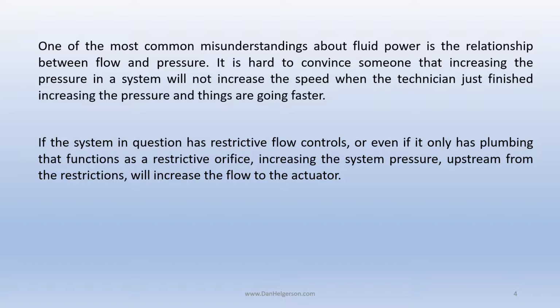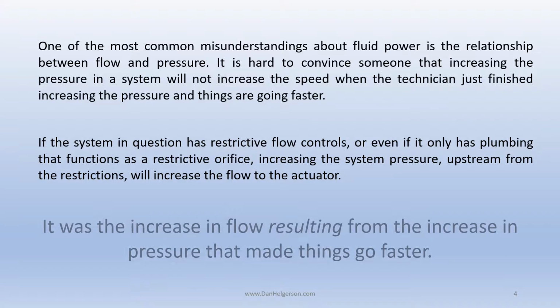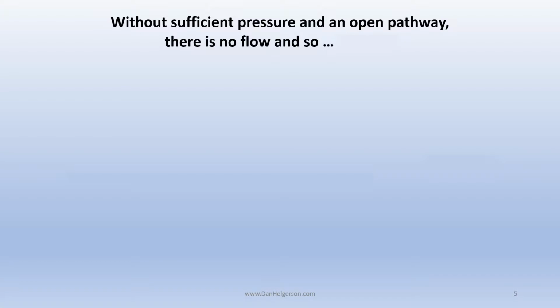If the system in question has restrictive flow controls, or even if it only has plumbing that functions as a restrictive orifice, increasing the pressure upstream from the restrictions will increase the flow to the actuator. It was the increase in flow resulting from the increase in pressure that made things go faster. Without sufficient pressure and an open pathway, there is no flow and so no go.